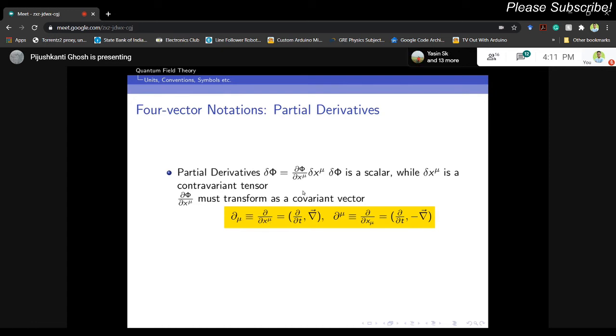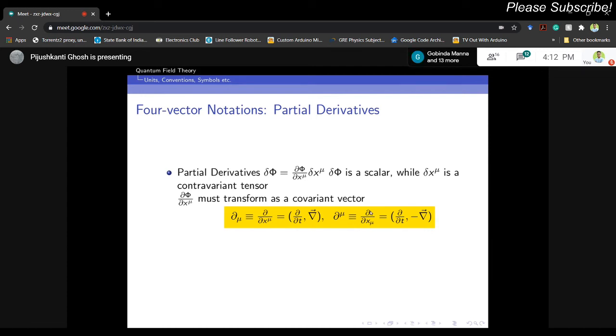Similarly, you can write the same equation. This mu you can write as a subscript, and follow the same argument and define the contravariant derivative operator, the partial derivative operator, as del mu equals del by del x mu. Note that again, this is a subscript, but this is a superscript.